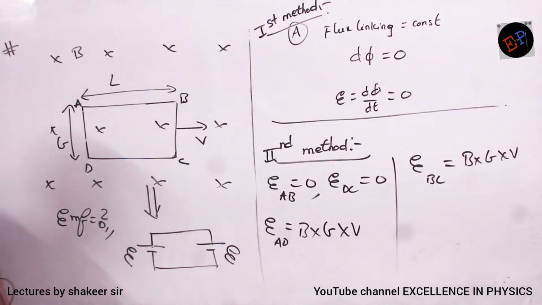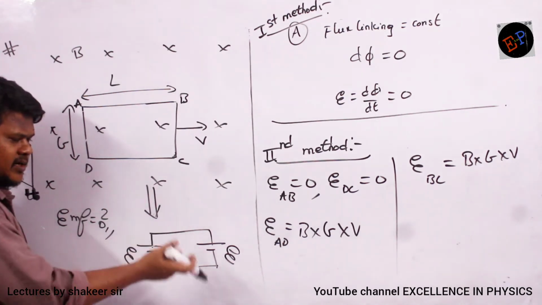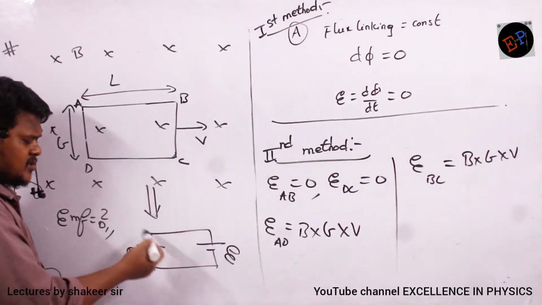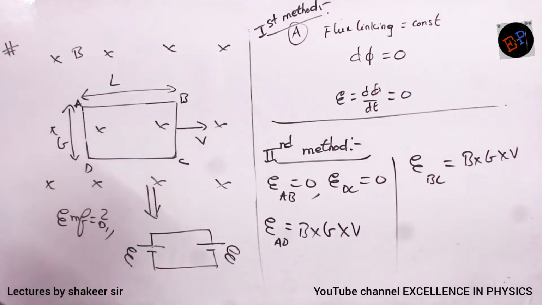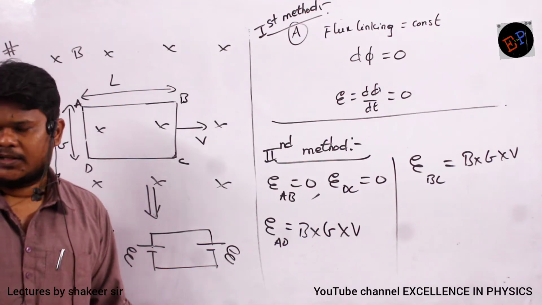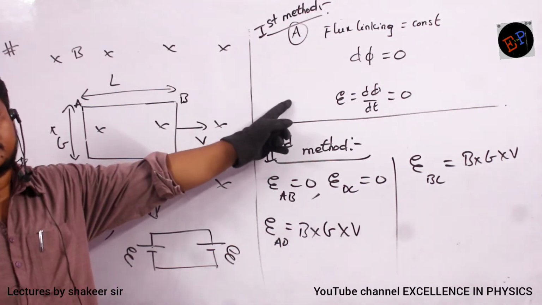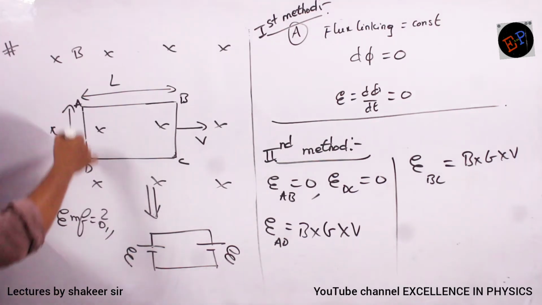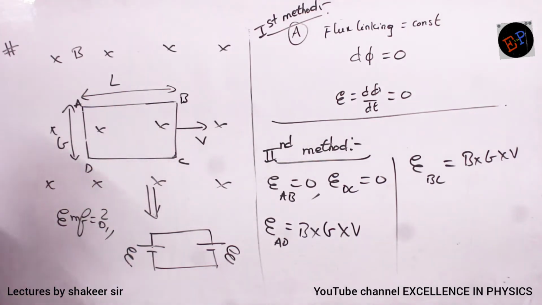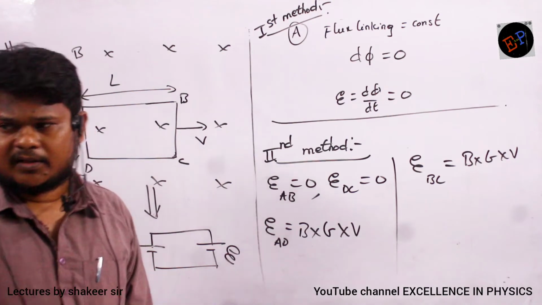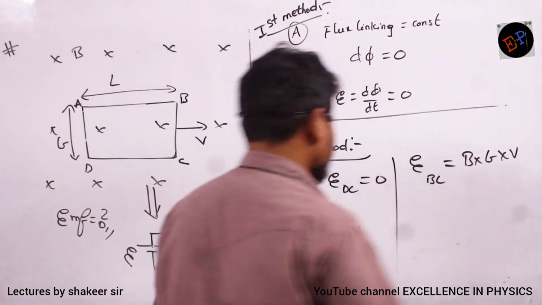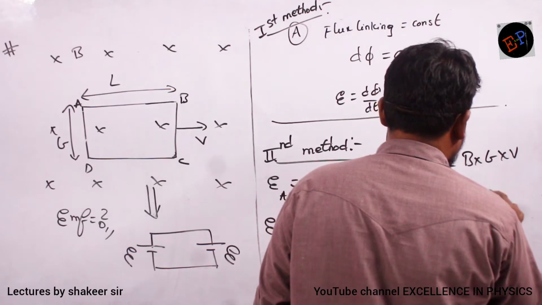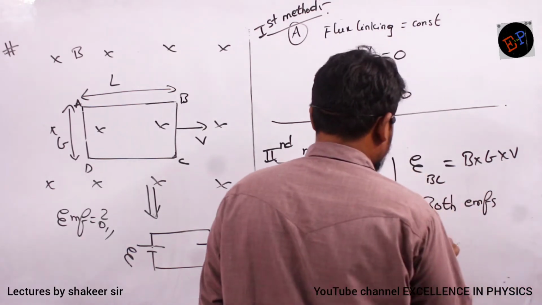Their potentials are getting cancelled. So I can say the total EMF is 0. That is what is happening. Definitely EMF is produced in this wire and in this wire also, but both EMFs get cancelled with each other.